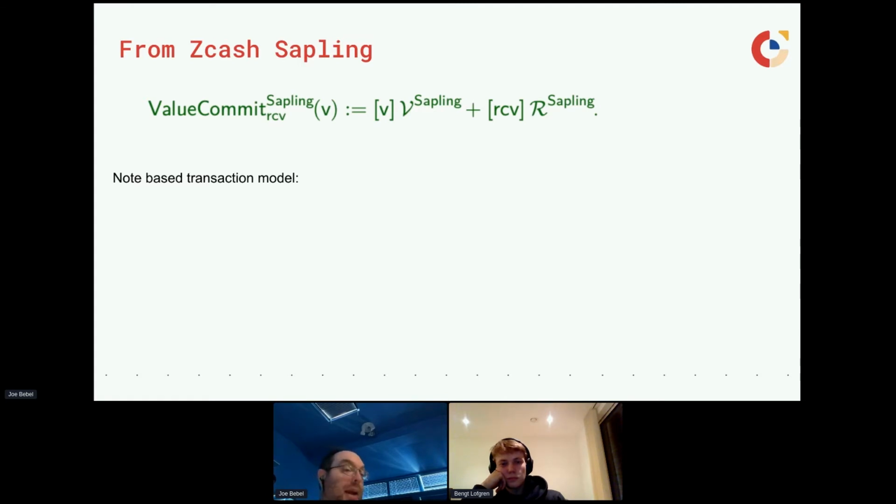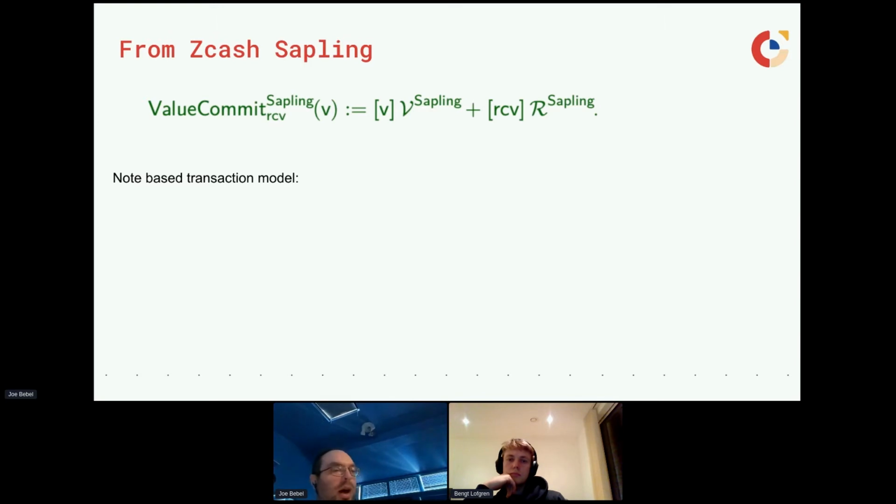And binding in the sense that when you unlock the box and reveal the secret information that was inside, you can only ever reveal what was originally locked inside of the box. There's no feasible way to take something out of the box that you didn't put into the box.